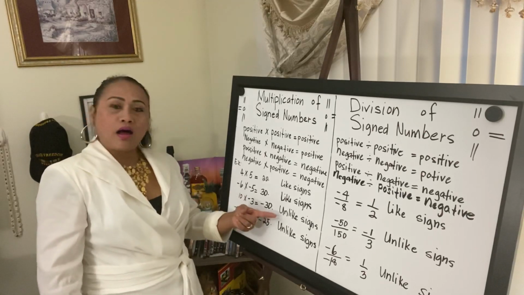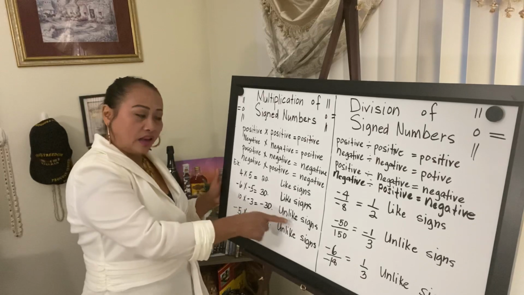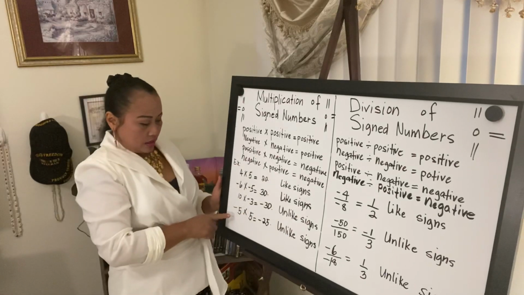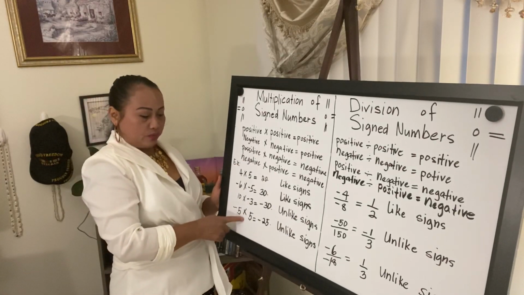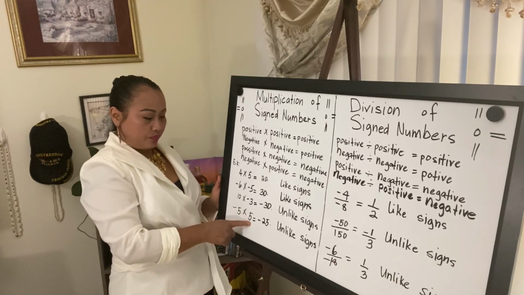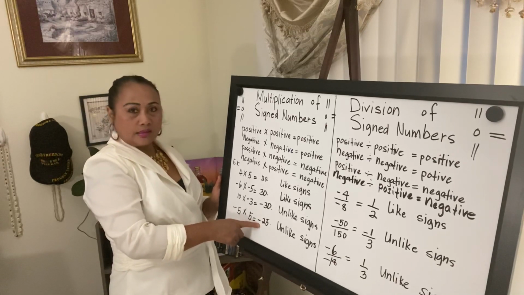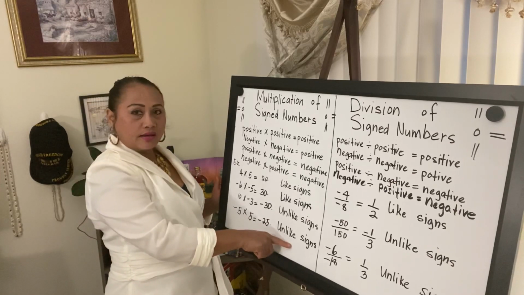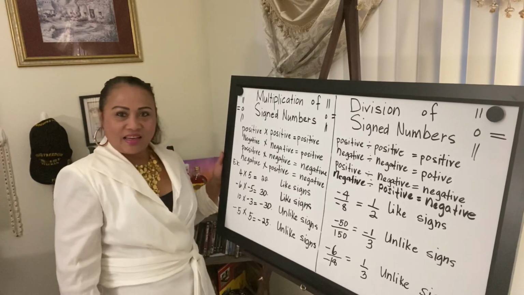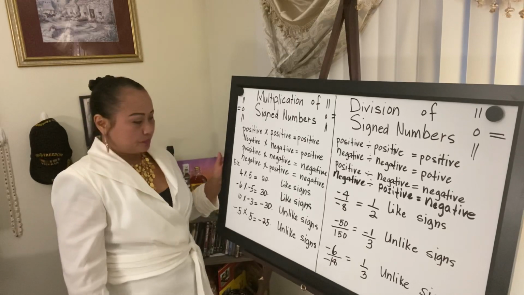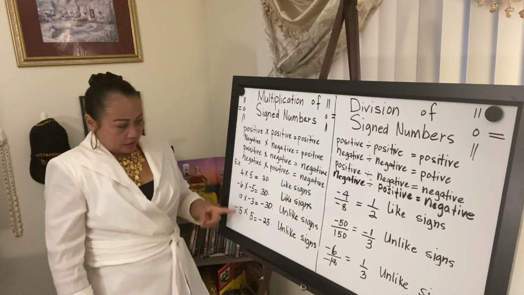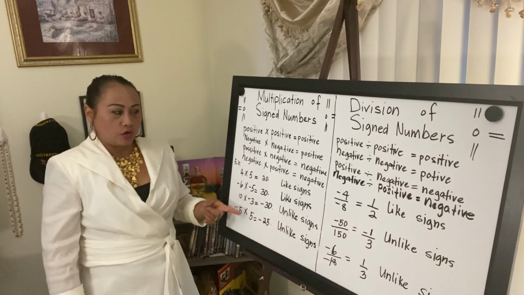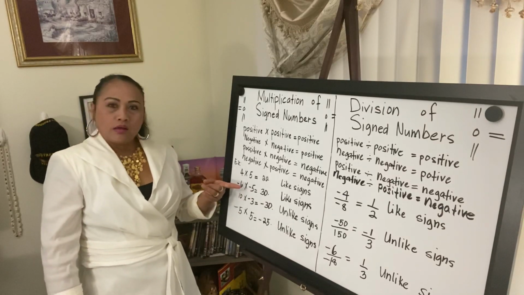It has unlike signs. Negative 5 times positive 5 equals negative 25. It has unlike signs. Okay? It's very easy. So, these are the multiplication of signed numbers.